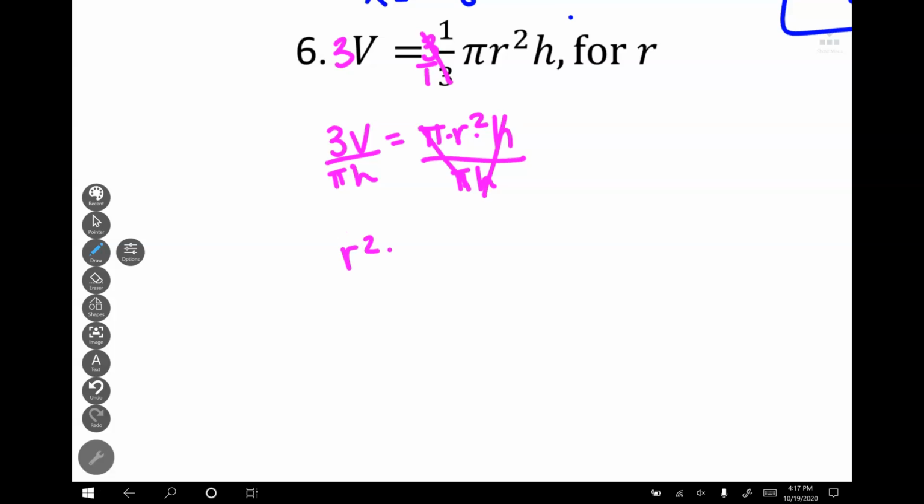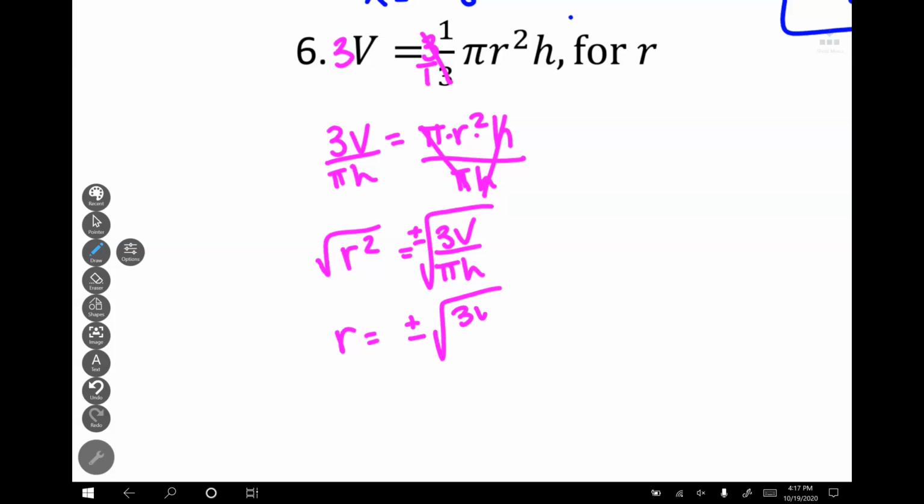So that leaves me with r squared equals 3v over pi h. And finally, to get rid of that exponent, we're going to take the square root. So r equals plus or minus the square root of 3v over pi h.